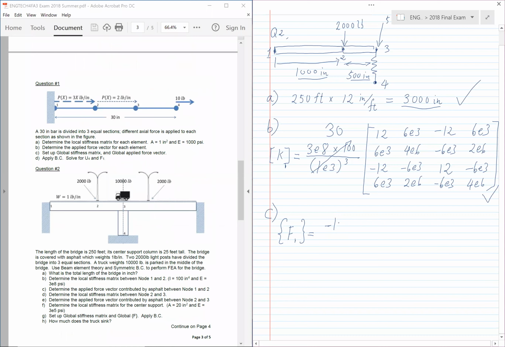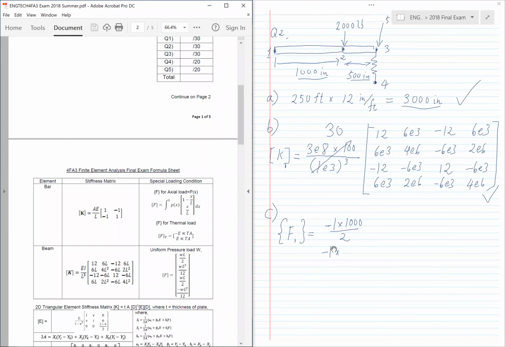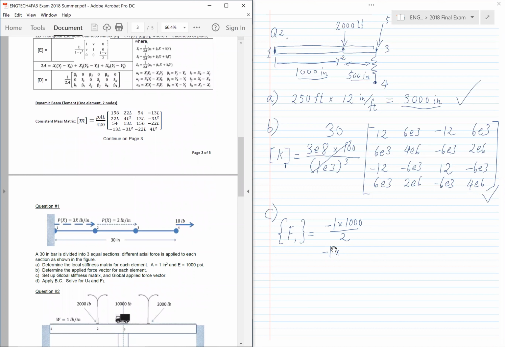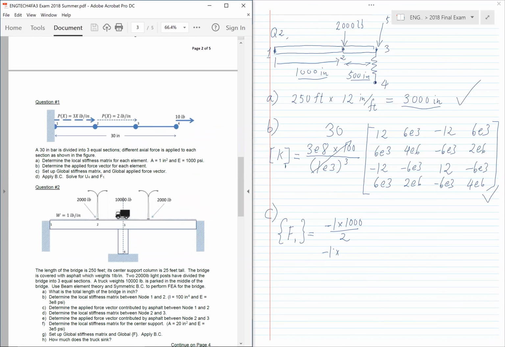Negative 1 times weight times length, 1000 inch, divided by 2. The second term will be negative 1 times length squared. Again, negative 1 times 1e to the 3 squared, 1e to the 6, divided by 2.